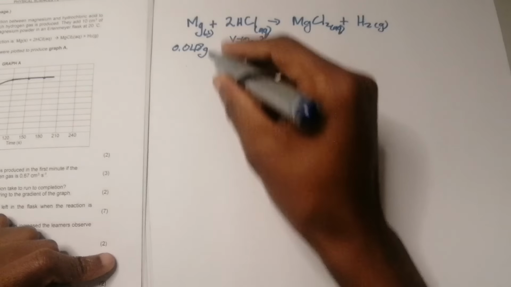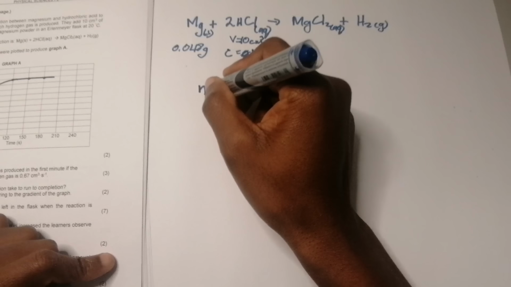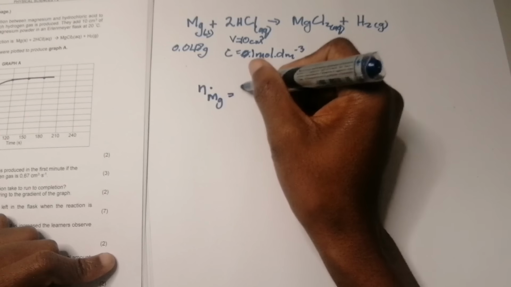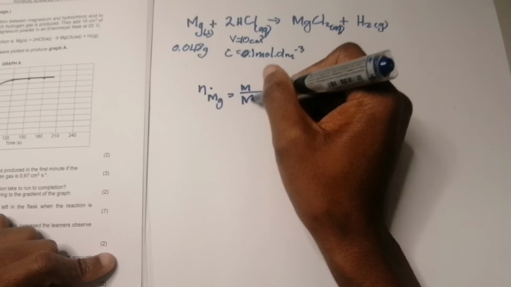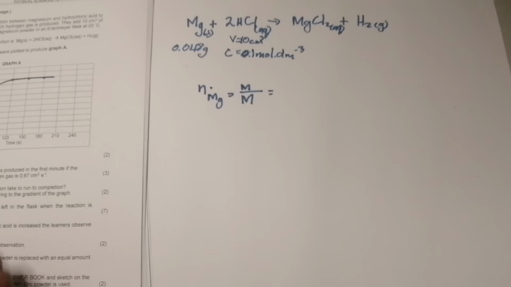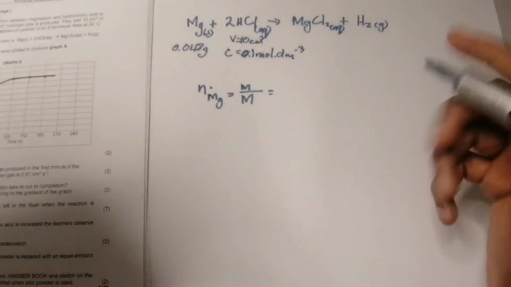Okay, so let's do this. Let's calculate the number of moles of magnesium. So this is the number of moles for Mg, which is mass divided by molar mass, because I'm given the mass there. Let me just get my periodic table quickly so that you can see that. So you head over to your periodic table to get the molar mass of magnesium, and that molar mass is 24. I think you still remember that, no?